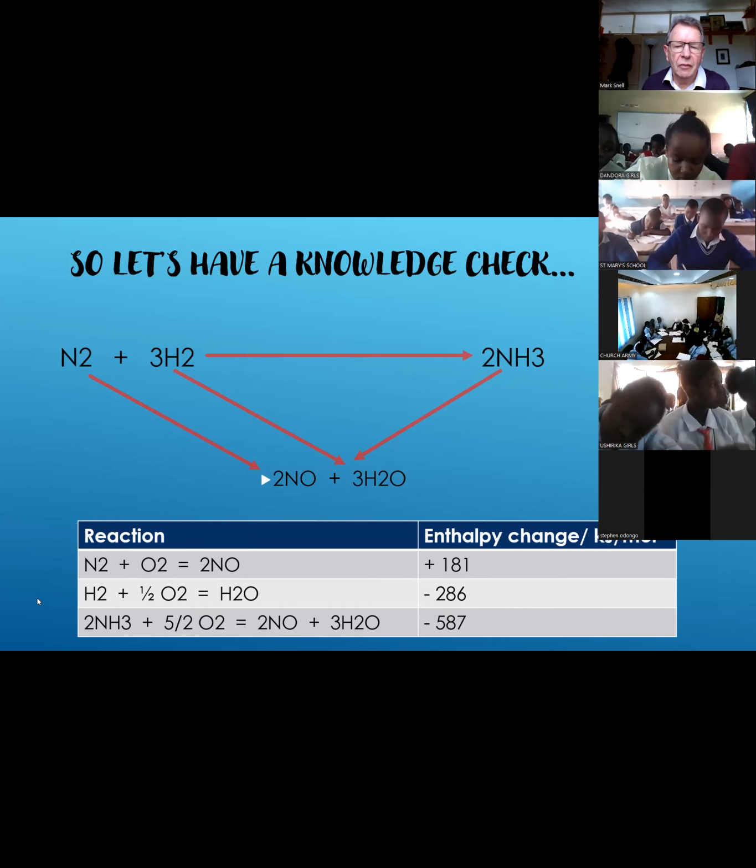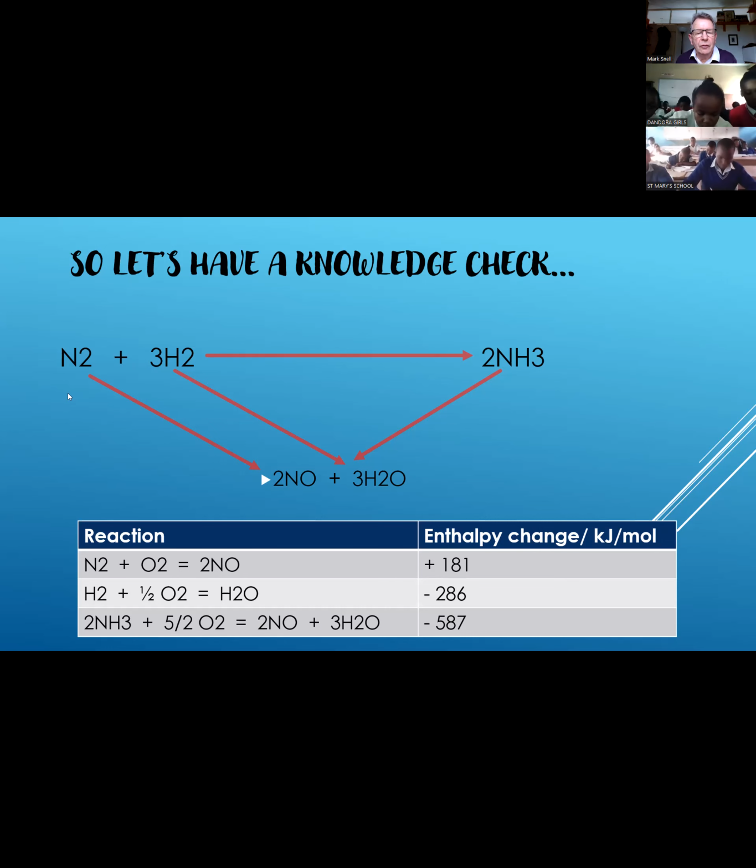Just remember on these that the route across the top here, let's see if I can write on it. This delta H here is the same as going from here to here all the way round, from up here all the way around there.